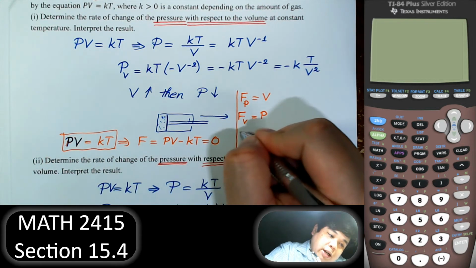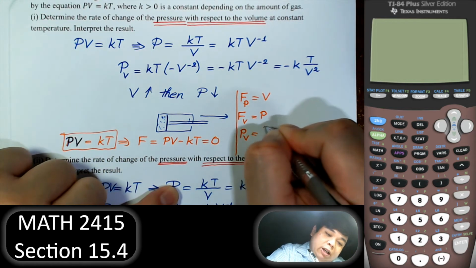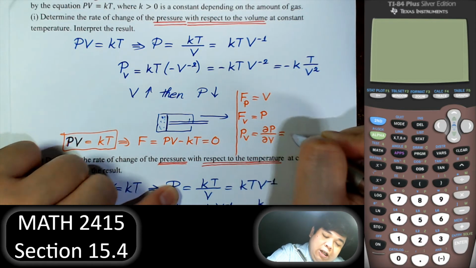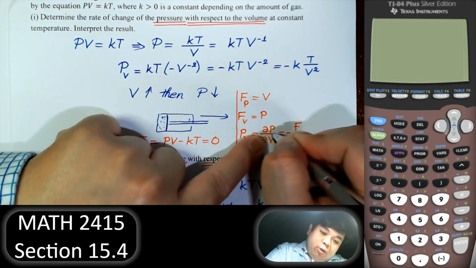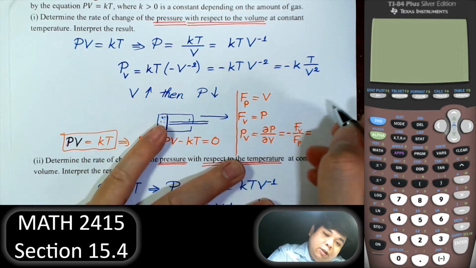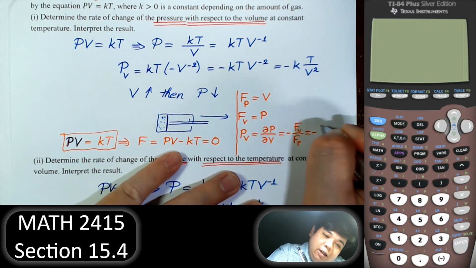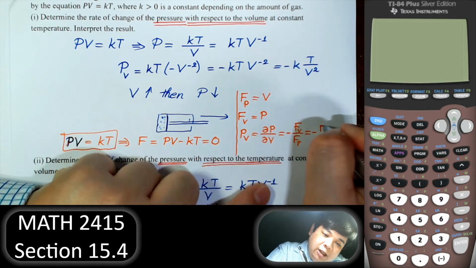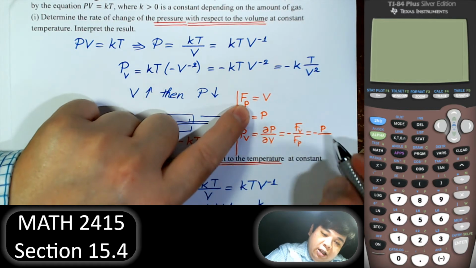And then the partial derivative of P with respect to V is going to be negative, we switch the variable, V over P. So negative, derivative with respect to V is P, and derivative with respect to P is V.